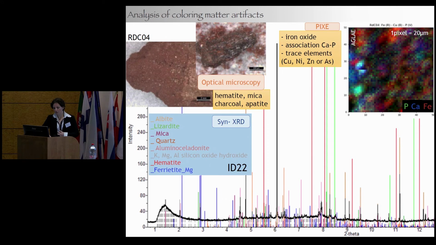And we find also a very complex mixture. We really need to cross over different scales and different techniques to be able to reconstruct the mixture of this sample, because the charcoal is not observed by micro XRD and not by chemical observation.